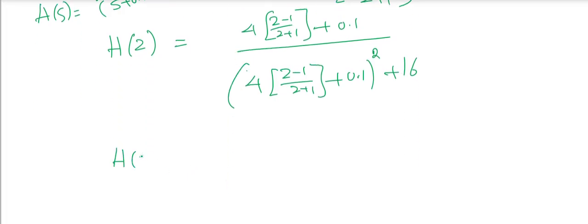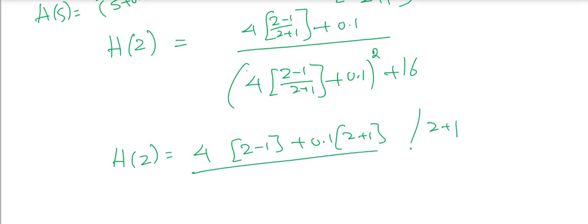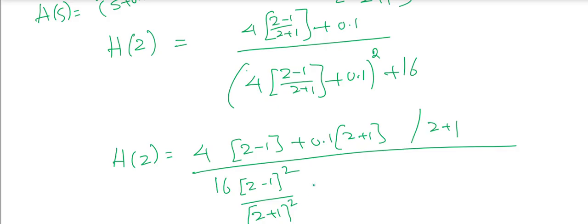So H of z is 4 into z minus 1 plus 0.1 into z plus 1, divided by z plus 1, whole divided by 16 into z minus 1 the whole square divided by z plus 1 the whole square plus 0.01 plus 8 into z minus 1 by z plus 1 plus 16.